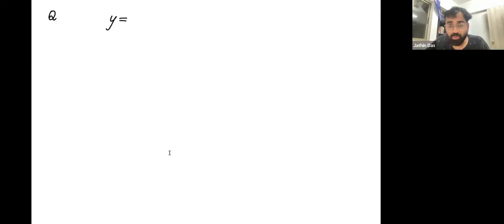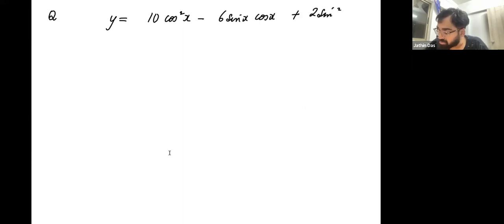Okay, y is equal to 10 cos square x minus 6 sin x cos x plus 2 sin square x.